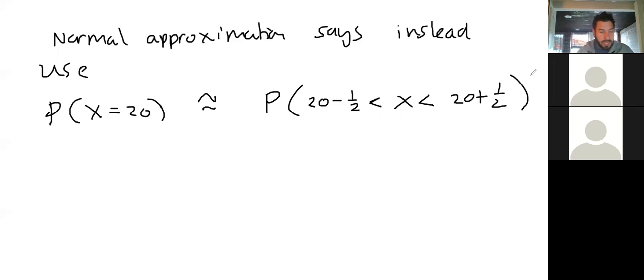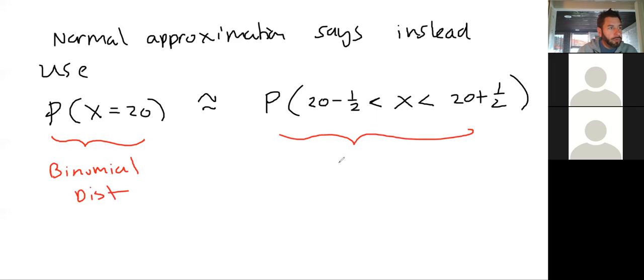Now, we have to be careful because these things mean two different things. Context is key. So let's be very clear. This is the binomial distribution. This is the normal distribution.